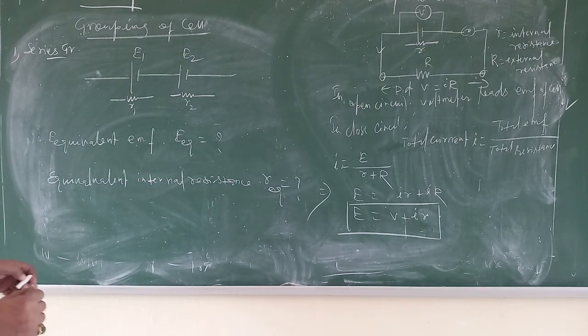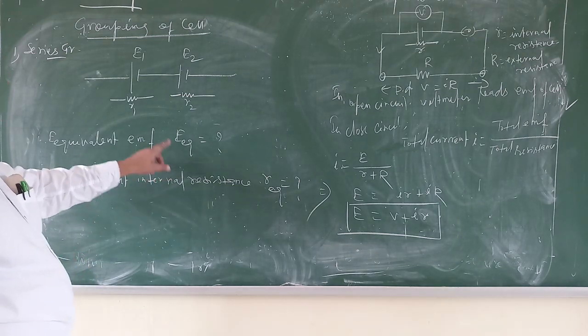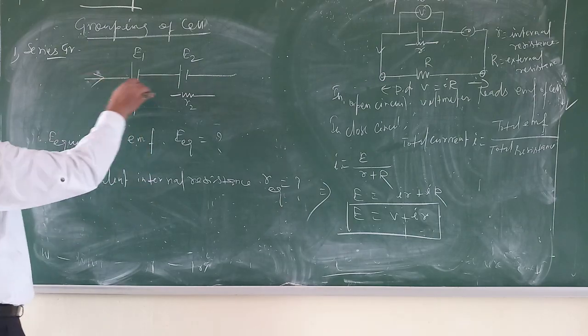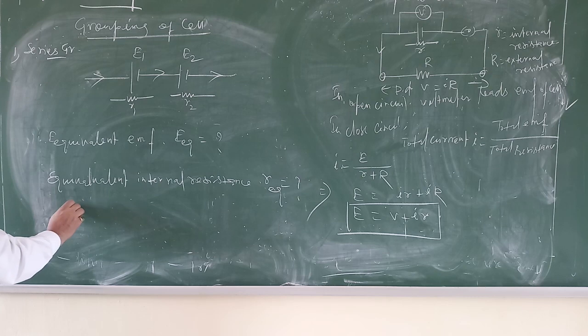So in this case, to find the equivalent EMF, let current I be flowing across this combination.